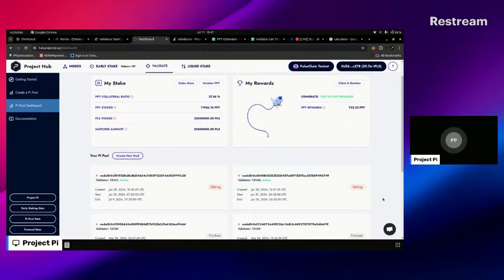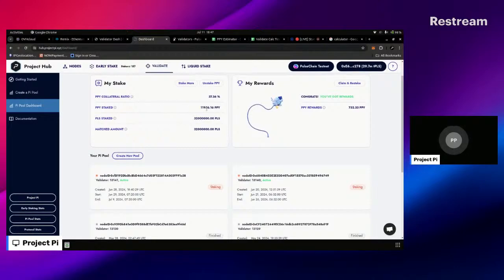You are solely responsible for the duration that you choose. You validate and you say you want to validate for 30 days. Well, you have 30 days to validate. Anything after that, you're not necessarily going to be earning that amount. And then you'll be penalized and lose some PPY that will be slashed from your actual PPY staked.